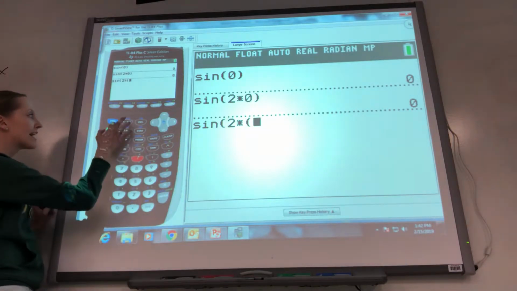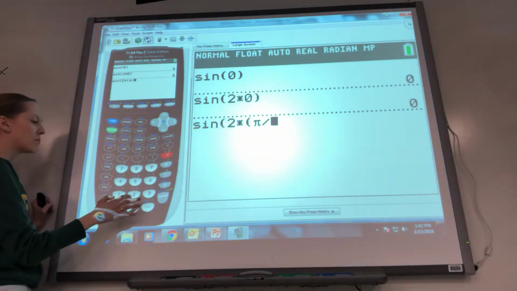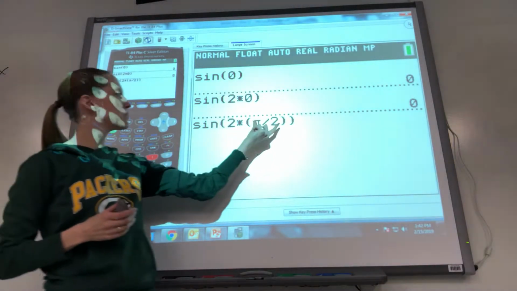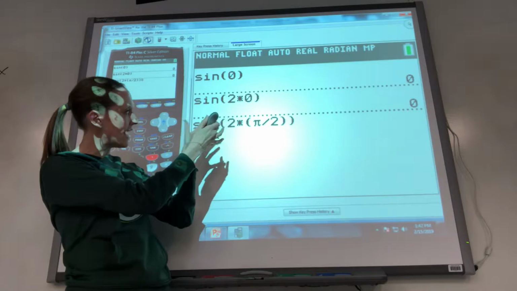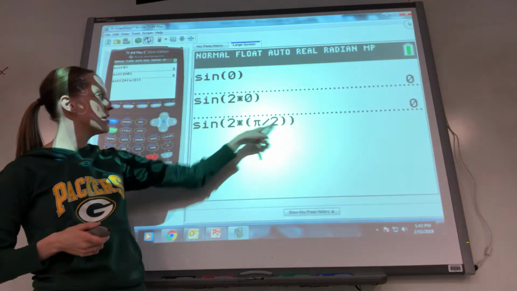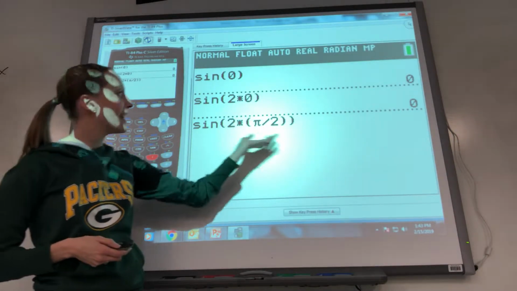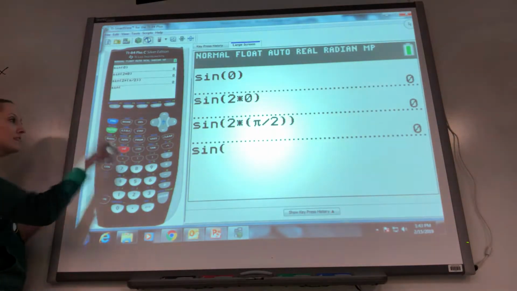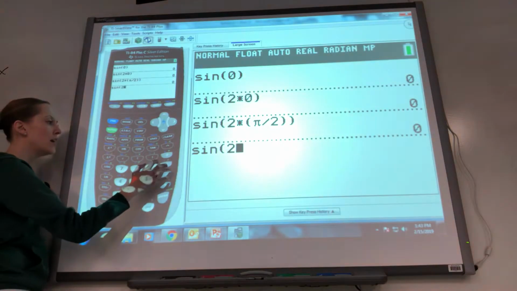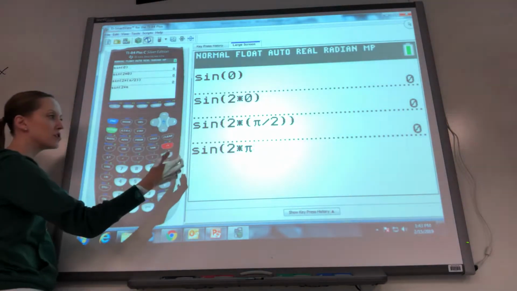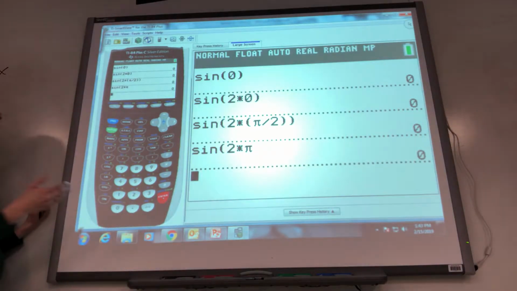Now I like to put the pi over 2 in parentheses just to make sure my calculator knows that this was a fraction that had to be together. I just need to take 2 times that number. All right, and when I do that, I get back another 0. Okay, let me keep going. Sine of 2 times the next value down, which was pi. So you can do 2 times pi or even just 2 pi.